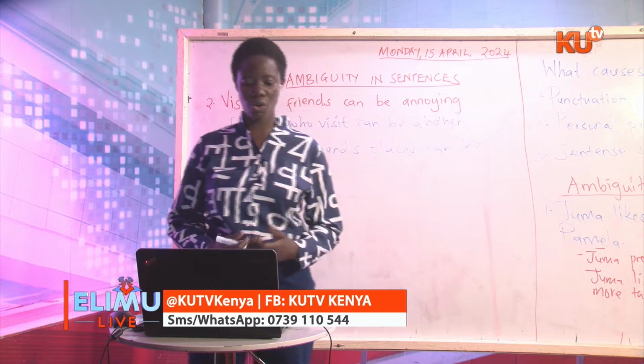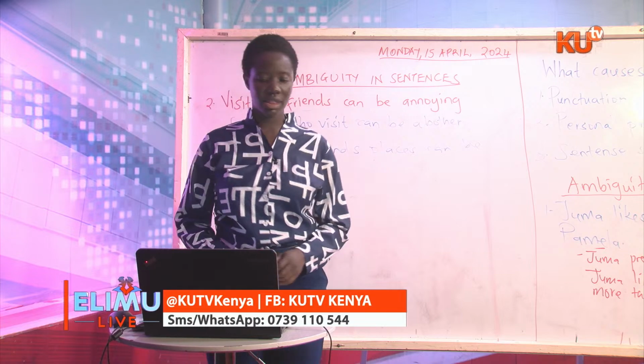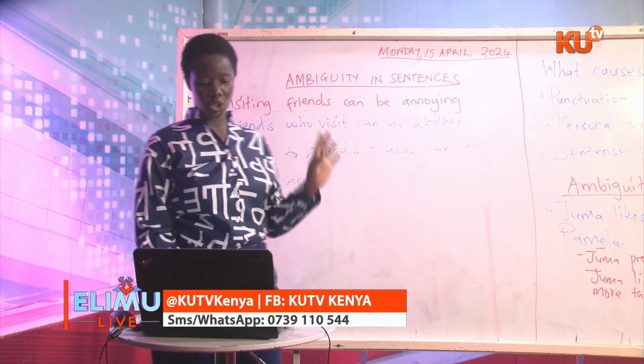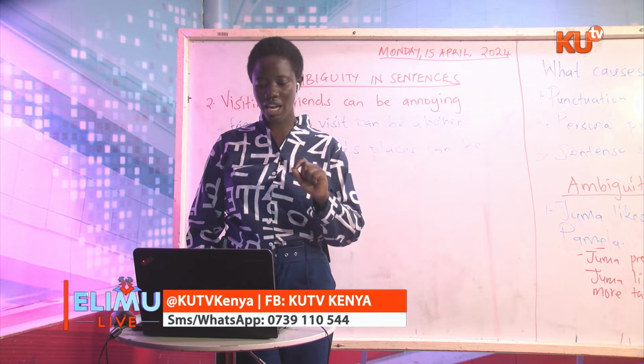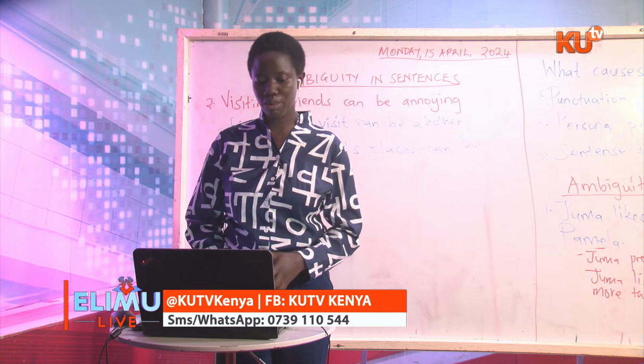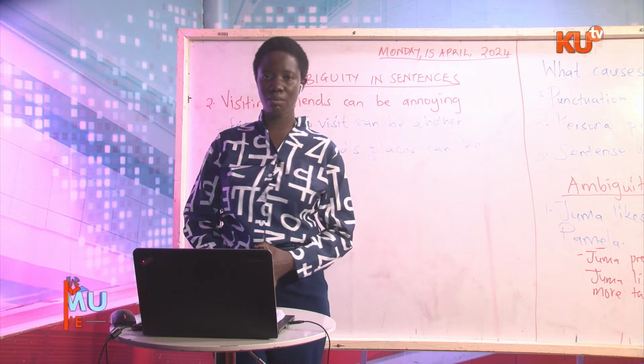So you have to know the meaning of the term ambiguity. That is why in our introduction under the specific objectives we said that by the end of the lesson the learner should be able to define the term ambiguity.